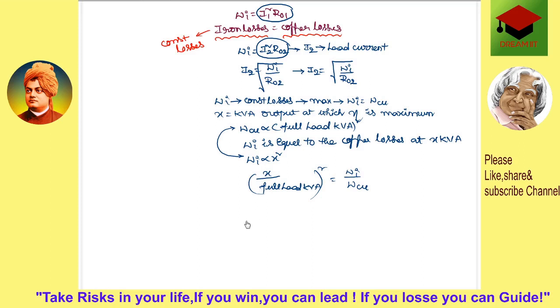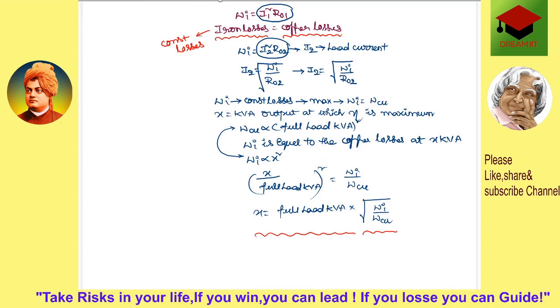So X you can write as full load kVA into under root of Wi divided by WCU. This is also one of the important formulas you can consider. X is the fraction of full load kVA where you are going to get the maximum efficiency. So full load kVA into square root of iron losses divided by copper losses.